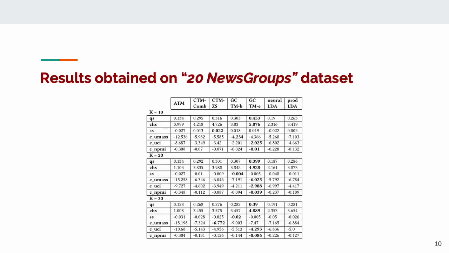In this slide, you can observe the results computed on the 20 Newsgroups dataset. In bold font, you can find the best result for the specific line metric. As you can note, GCTM with embedding optimization seems to have the better results.